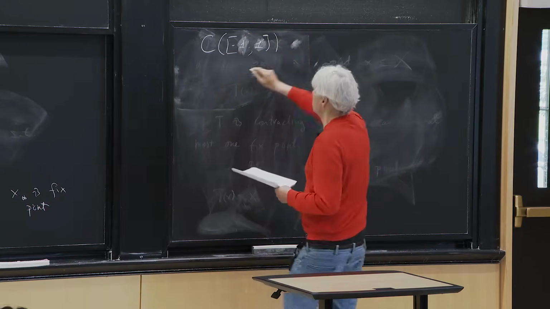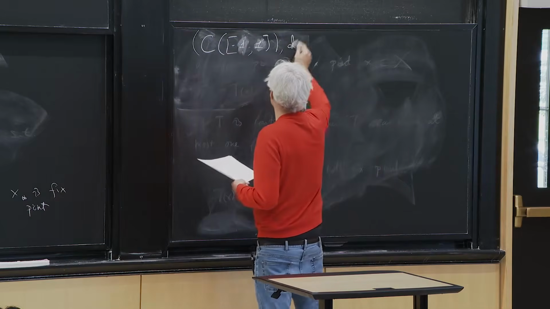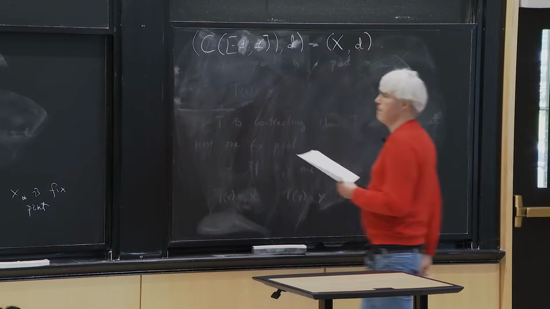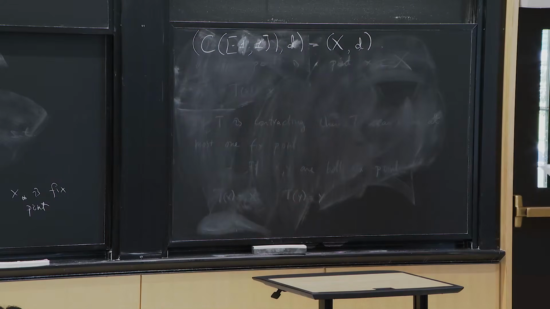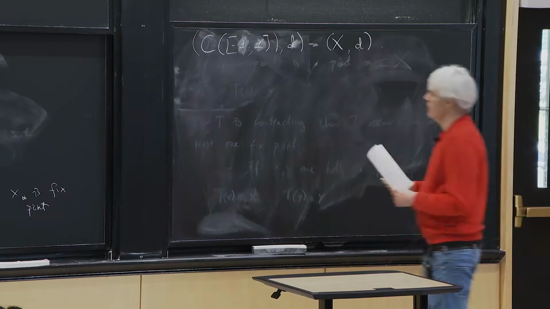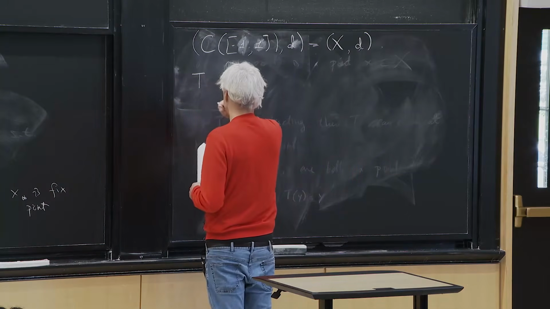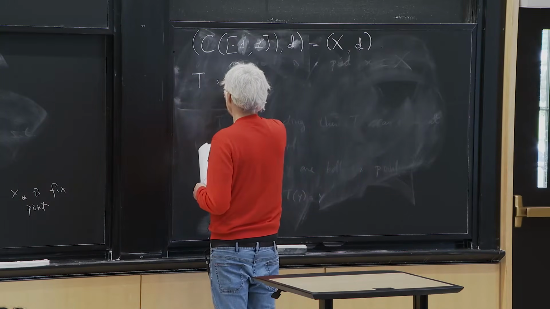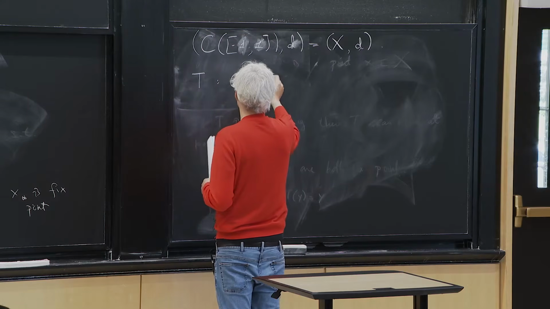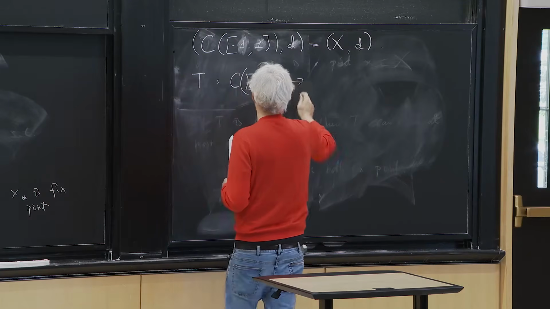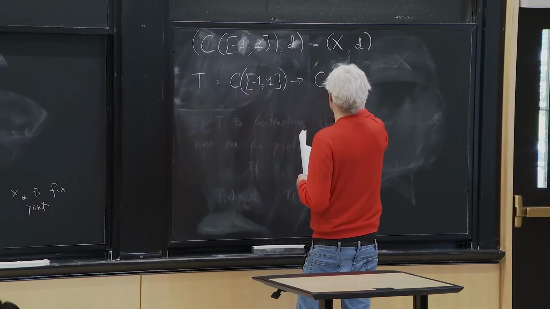That is going to be the metric space. Now, what is the map T? And so the map T here is going to be a map from continuous functions into the space of continuous functions.